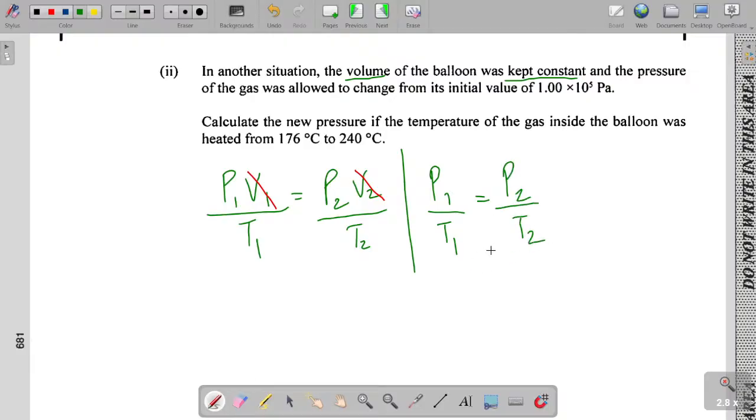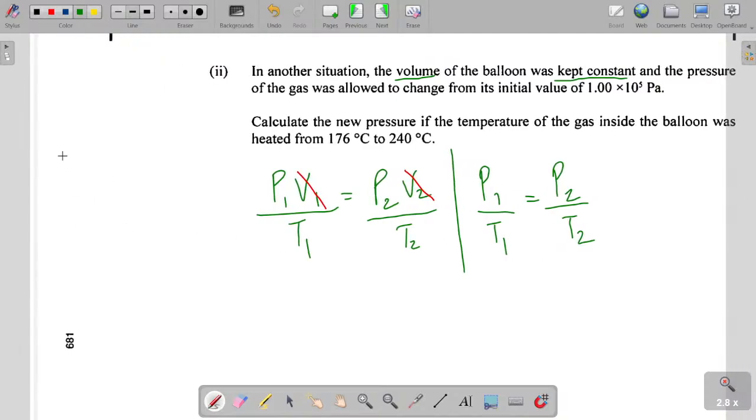Now what are our values? P1, the initial pressure here, is equal to 1 times 10 to the 5th Pascal. We are asked to find the new pressure, so that is P2. That's what we are trying to find.